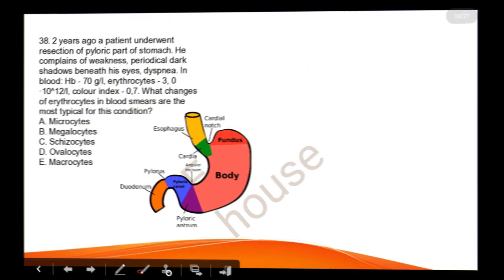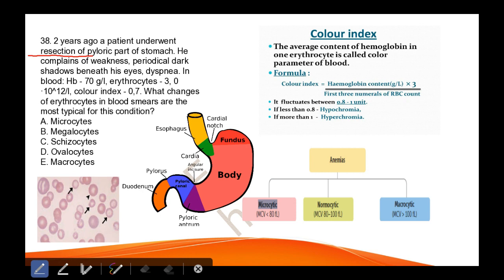So the patient underwent resection of the pyloric part of the stomach. I will talk about this detail right after I explain the blood values. See here we have the hemoglobin. This is a low level of hemoglobin. The erythrocyte level is average.